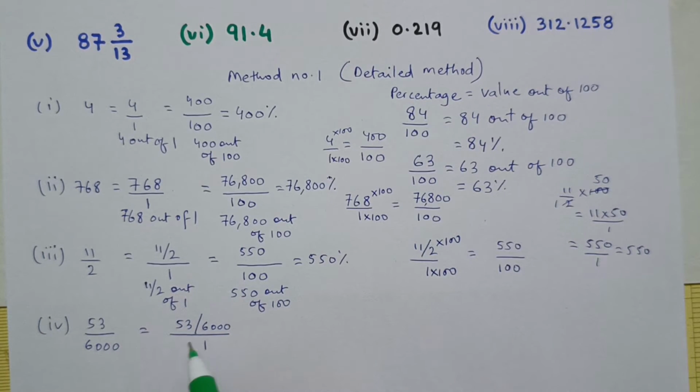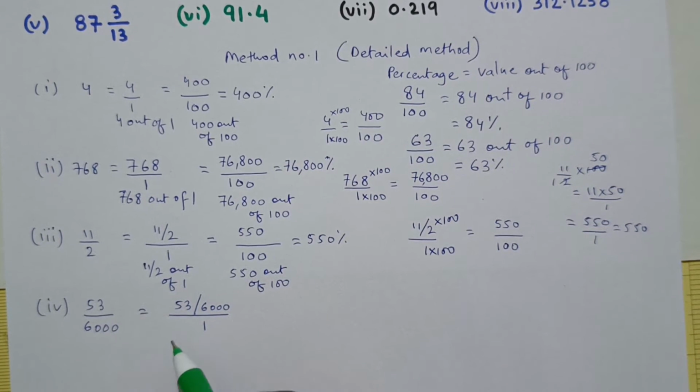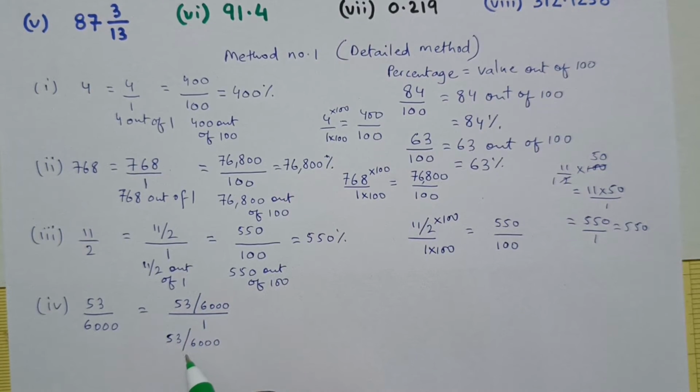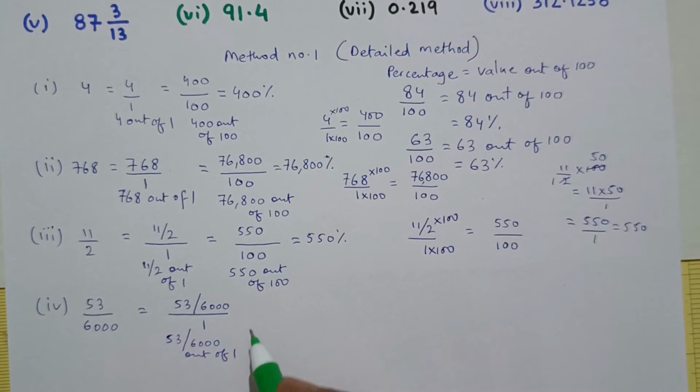Using this analogy, I can call it 53 by 6000 out of 1.